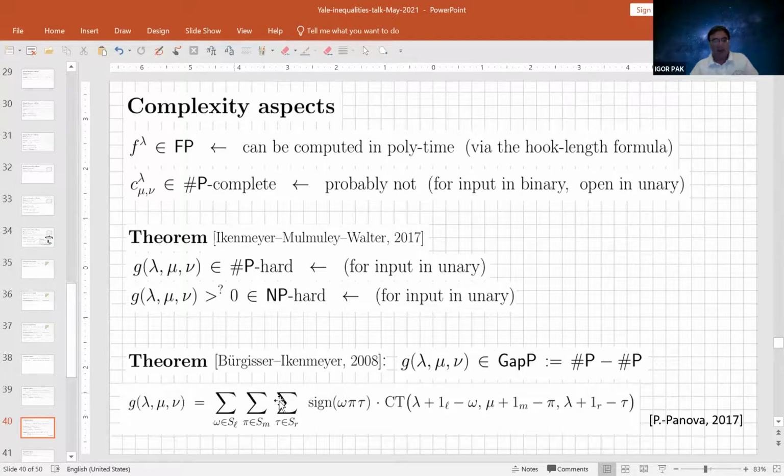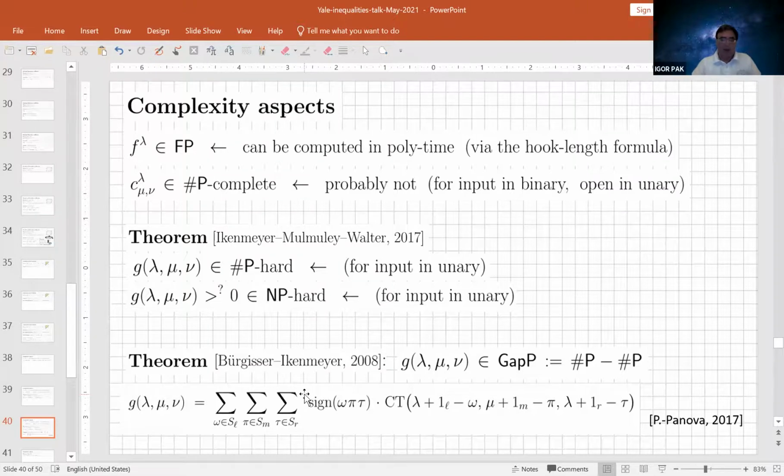It turns out that the ones with a positive sign give you a positive function, while the negative sign gives you a negative function. And so the difference of those two gives you the Kronecker coefficient. And notice that there's no 1 over n factorial here. That's important. So you don't divide, you just add and subtract.